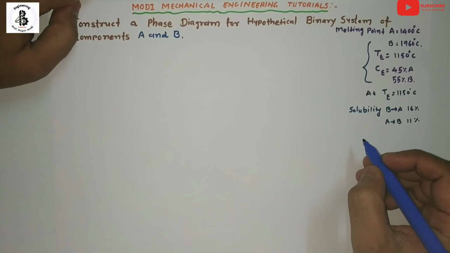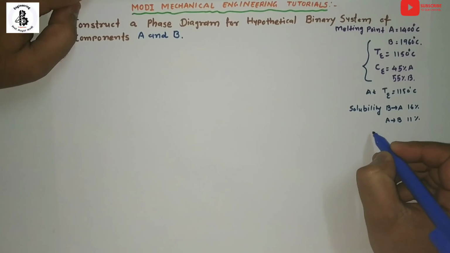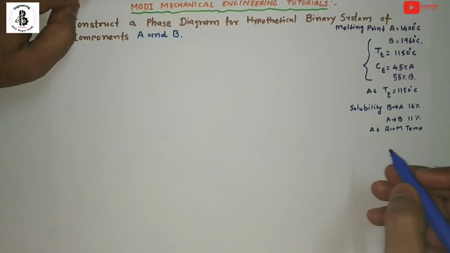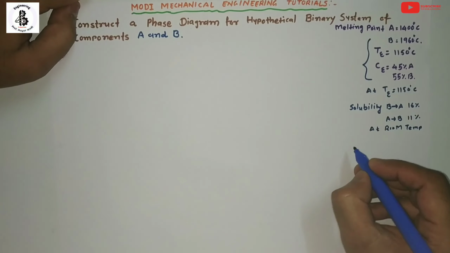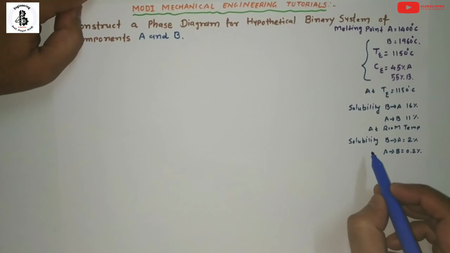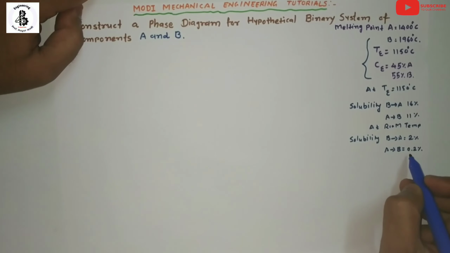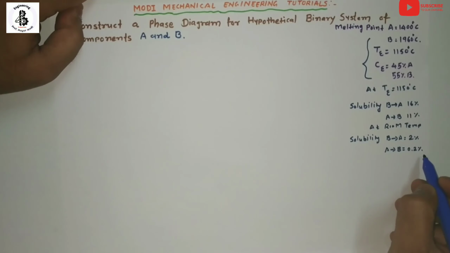Now the second condition is at room temperature. Once again, the solubility of B into A and A into B: at room temperature, the solubility of B into A will be 2%, and A into B will be 0.2%.